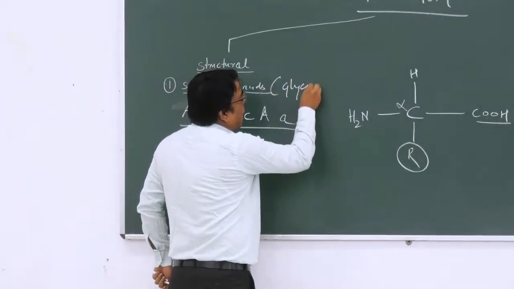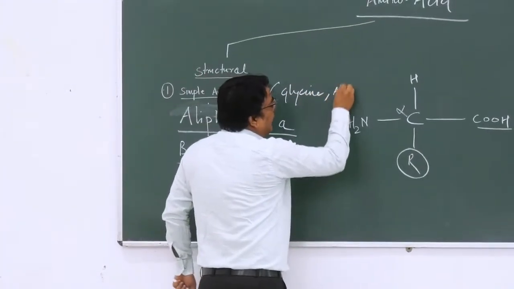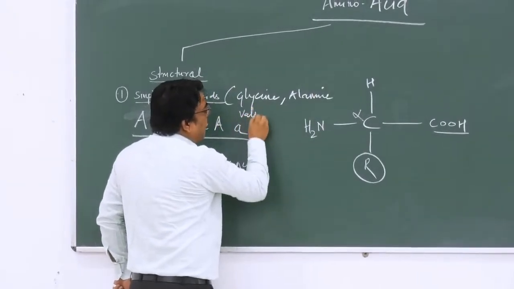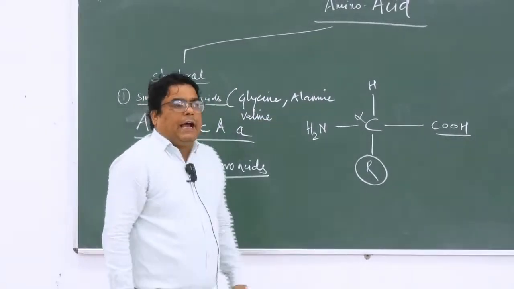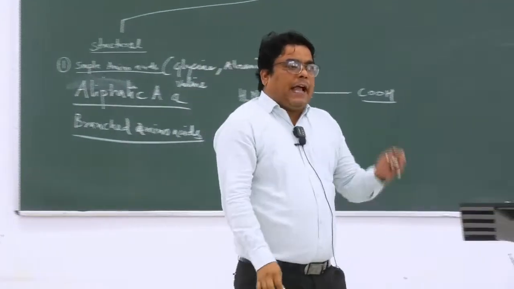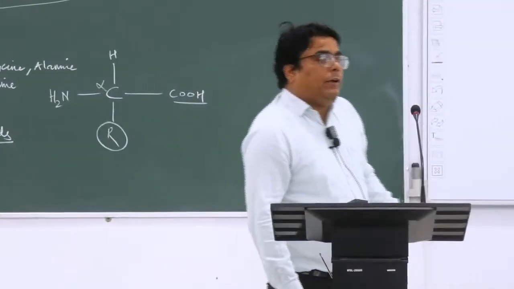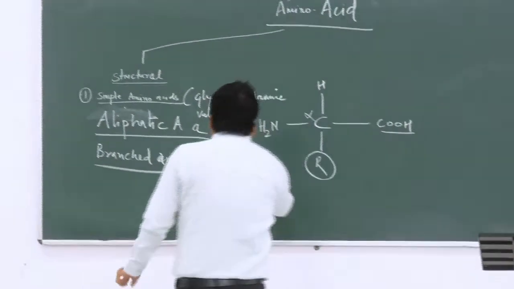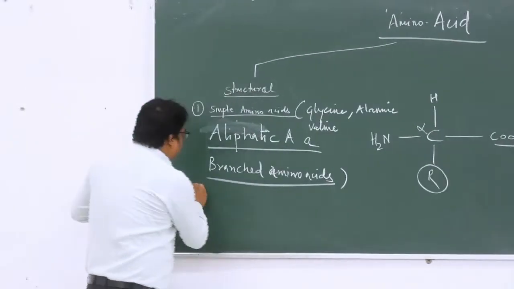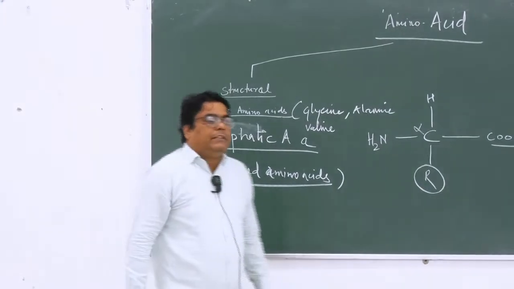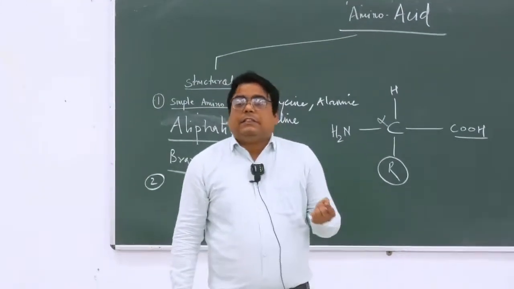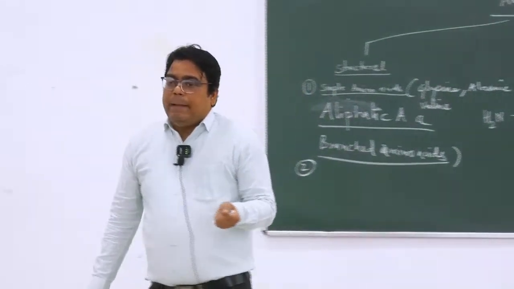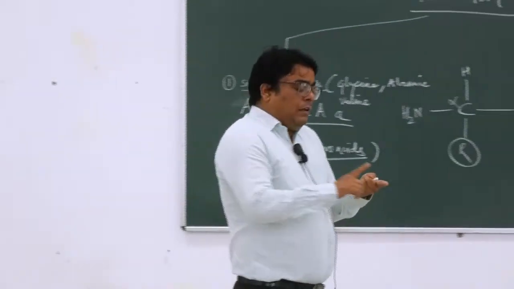Examples are glycine, alanine, valine, leucine, isoleucine. These are examples of aliphatic and branched amino acids. Now the second one is sulfur containing amino acids: cysteine and methionine.